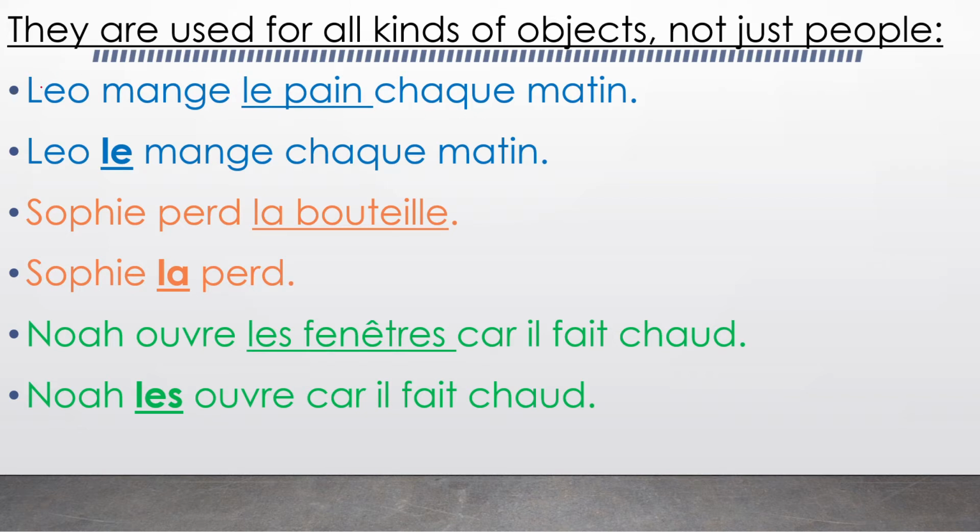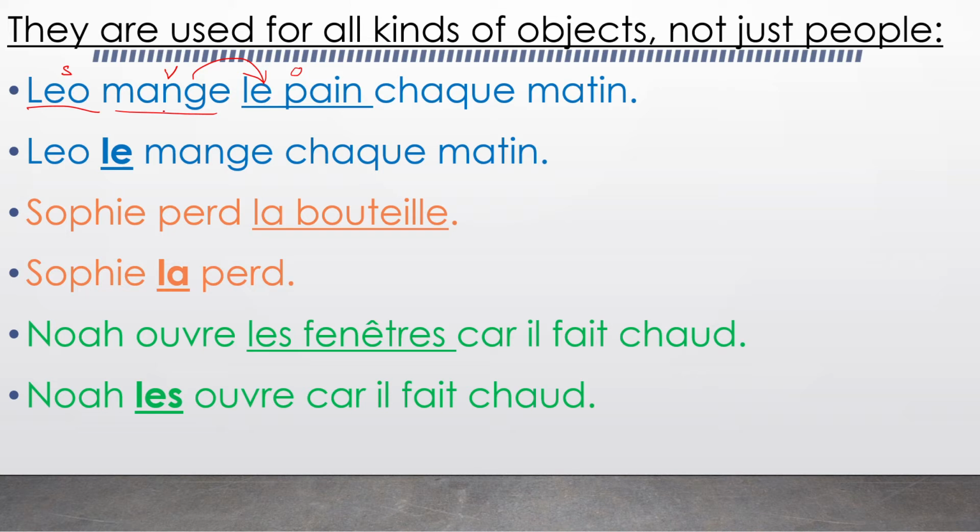Leo becomes the subject here because he is doing the action of eating. Mange is the verb because it is the action, and le pain becomes the object here. Le pain becomes the object because it is receiving the action of being eaten. The action of eating is happening on the bread.